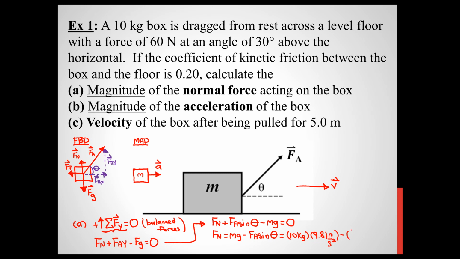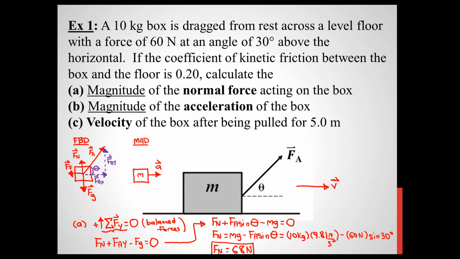Subtract the applied force, which is 60 newtons, multiplied by sine of 30 degrees. And then the magnitude of the normal force would be equal to, and the number I've got is, 68 newtons to 2 significant digits. That's part A.